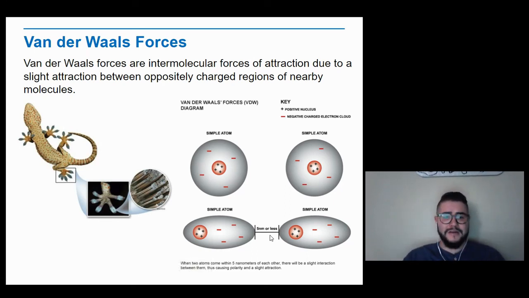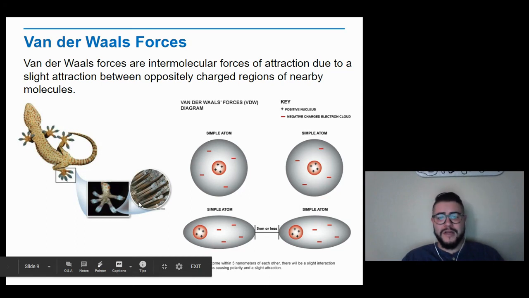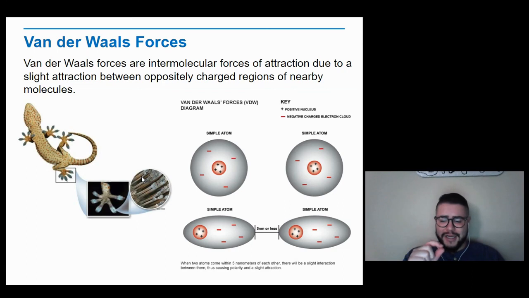The reason geckos are able to climb up the wall is because, if you look at the picture here, there are tiny little slits that separate parts of their toe pad, which allow their toe pads to get really, really close to whatever they're walking or standing on, which allows the atoms in their adhesive toe pads to get close to whatever they're touching and form these van der Waals forces.